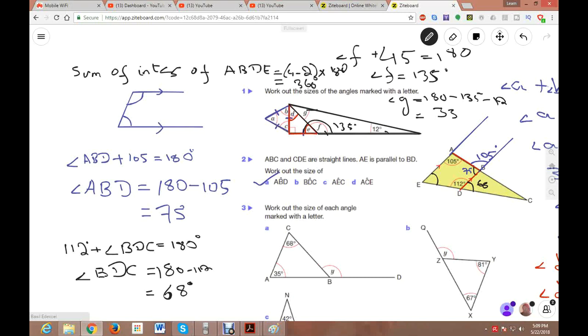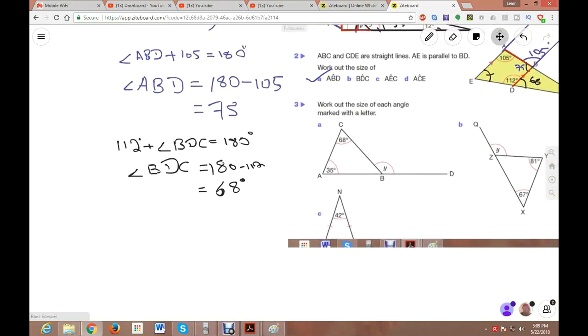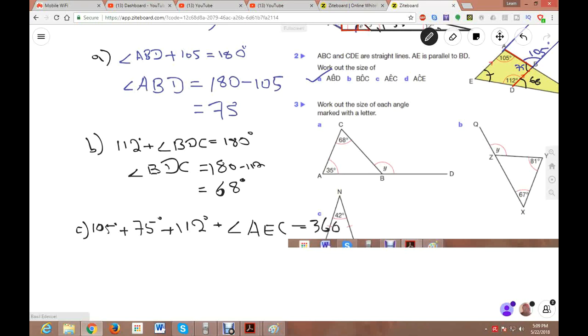So it means the summation of 105 plus 75 plus 112 plus this angle AEC equals 360.